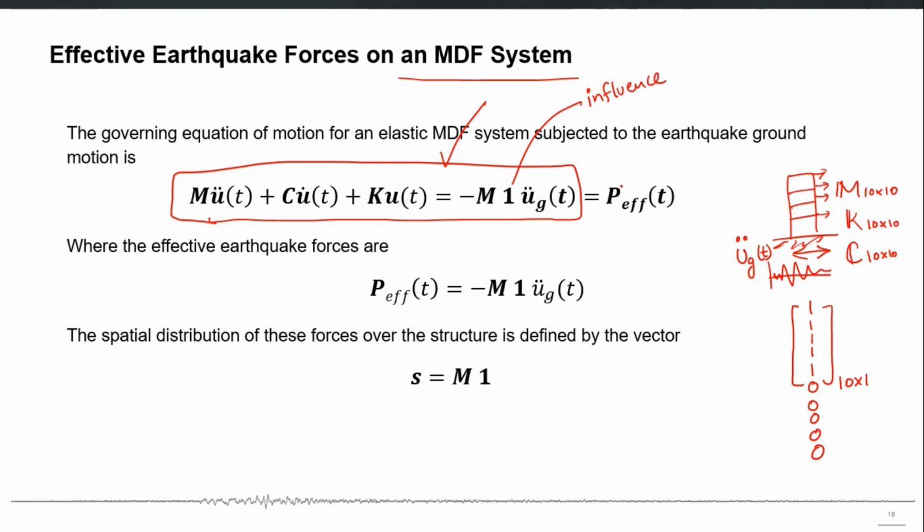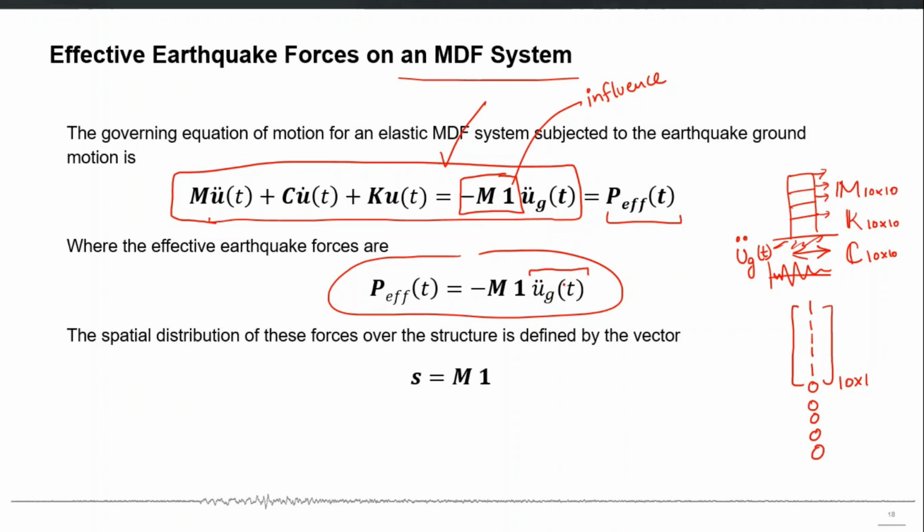So this m into I is the load pattern which is multiplied with this time function, because this whole thing on the right hand side is the effective earthquake force. So the effective earthquake force is minus mass matrix times one vector times UG dot dot. Now UG dot dot is just a function of time, right?